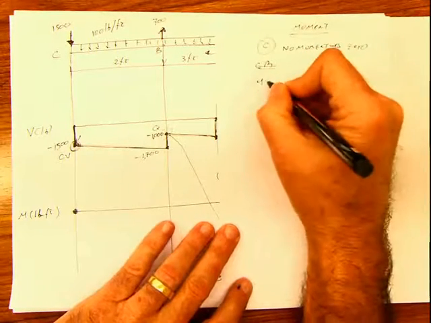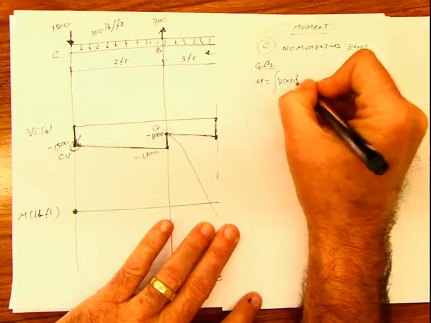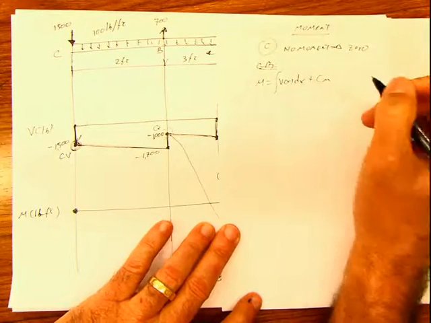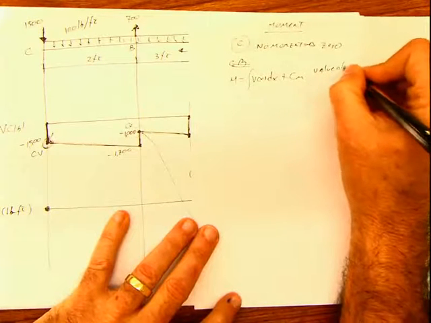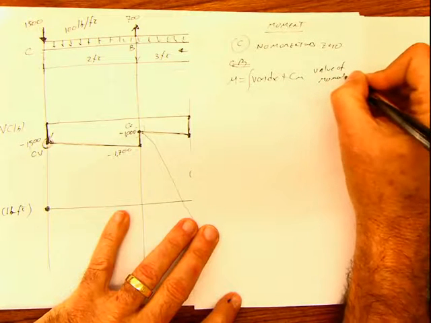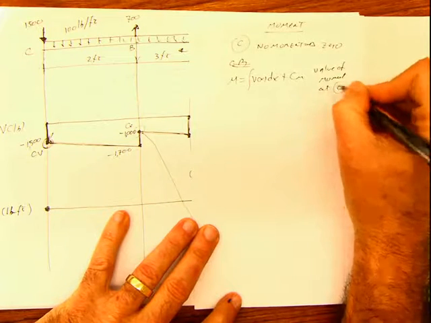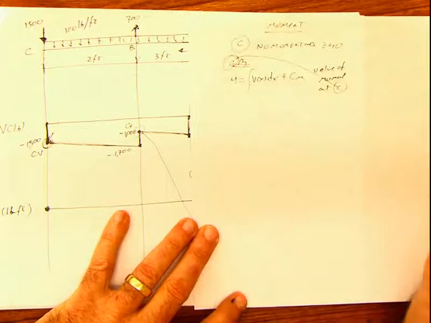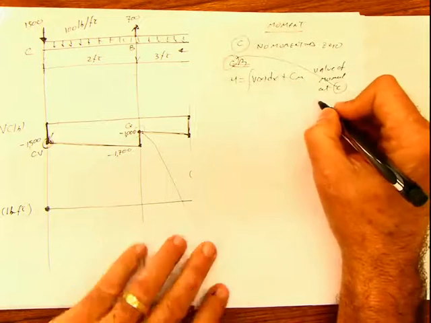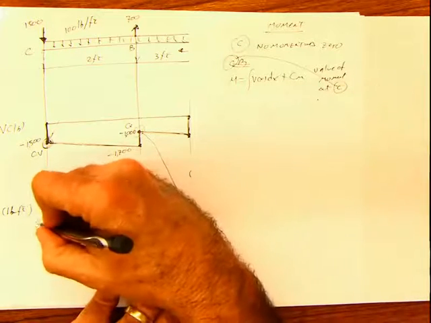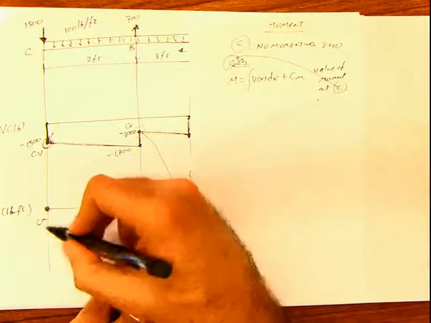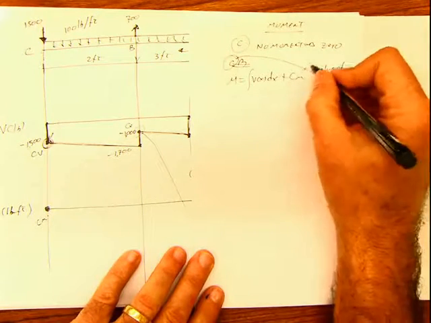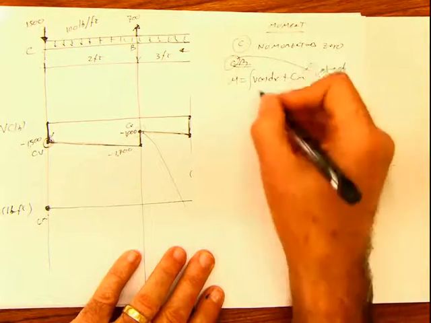You say moment is the integral of the shear plus Cm. And this Cm is the value of moment at C in this particular case, which is the beginning from the diagram. That means that this value here is going to be your Cm for the first span, because it's at the beginning, read from the diagram, so that is 0. What is your V?